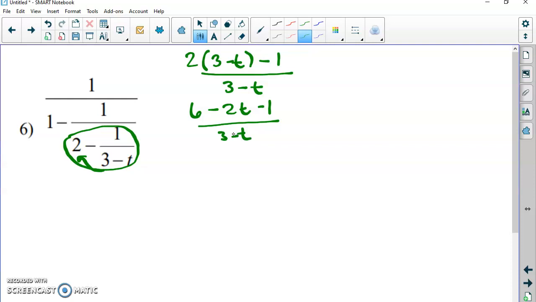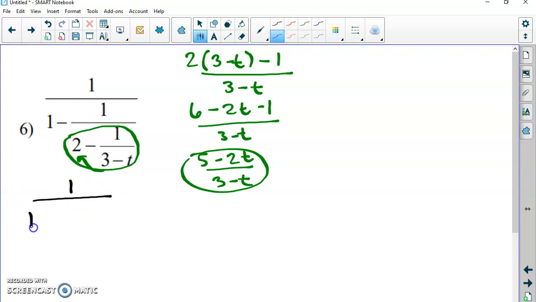Combining like terms, we get 5 minus 2t over 3 minus t. That is what the green simplifies to. So right now we have 1 over 1 minus 1 over the green. So that green oval up here simplifies to what I have in green there.